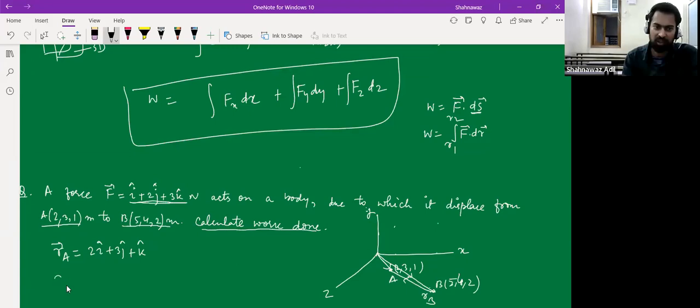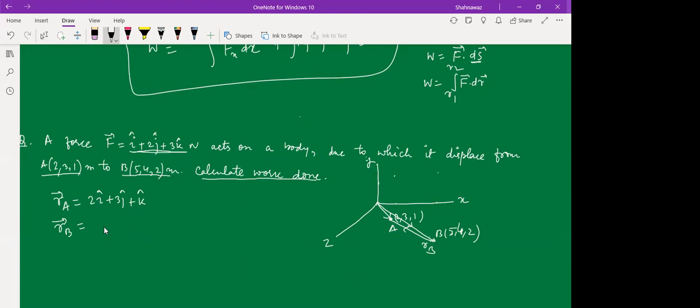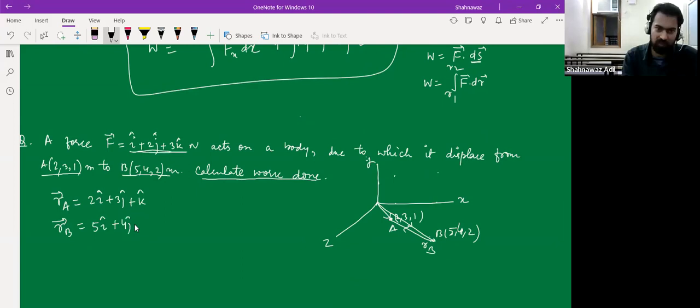So what will be the position vector of B? Guys, help me. 5i cap plus 4j cap plus 2k cap. Right. So what will be the displacement? This will be RB minus RA. So this will be 5 minus 2, so 3i, and this is j, and this is k.